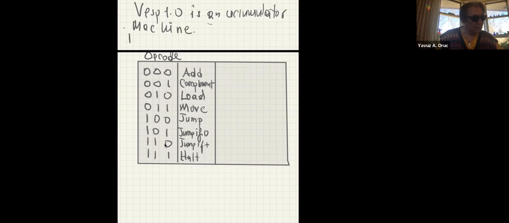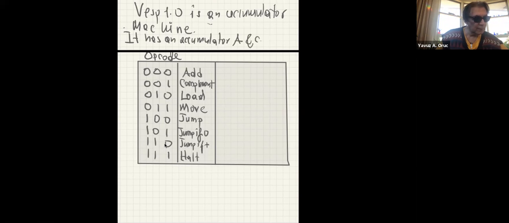It has an accumulator, A, and a co-accumulator, B. So we got these two registers that actually will occupy the topmost locations in our memory.